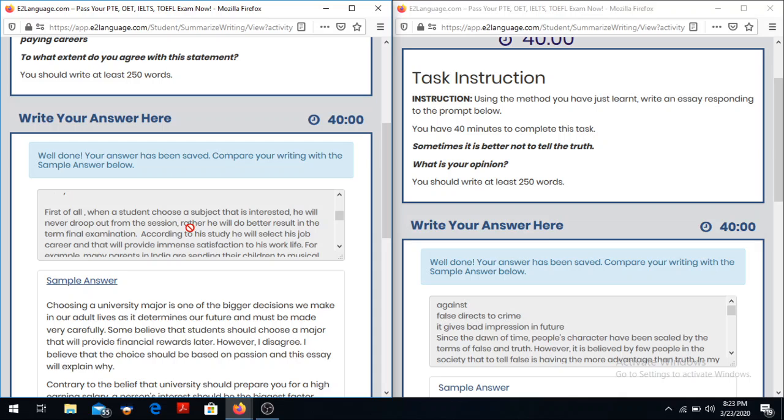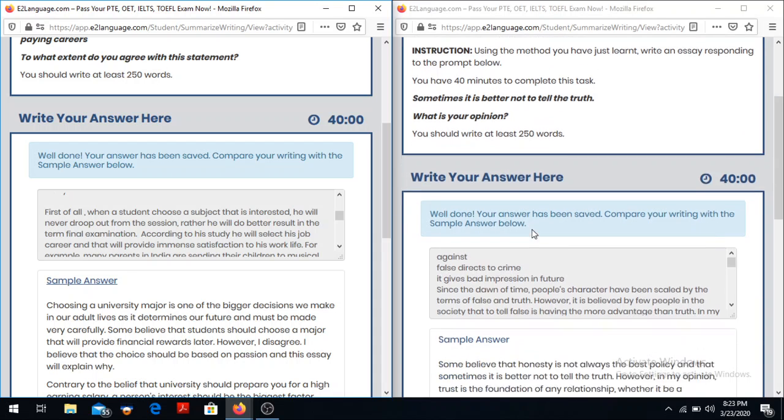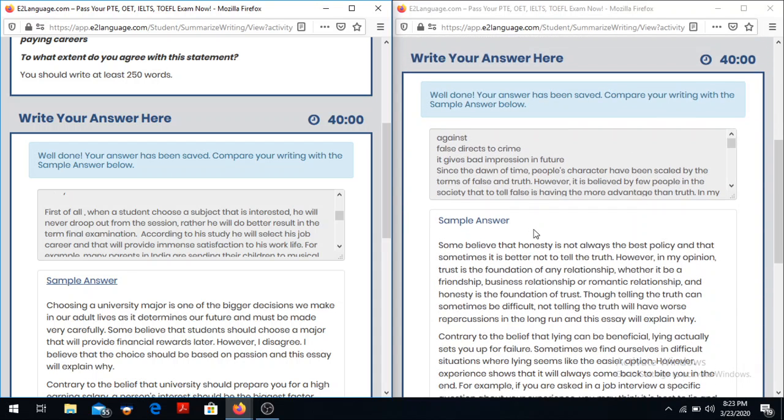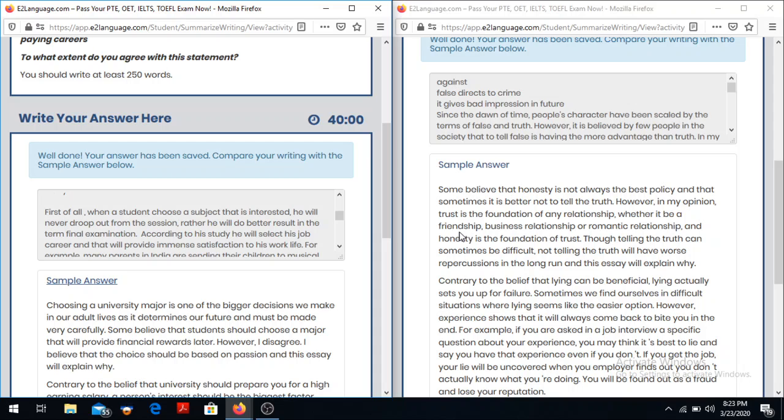We now come to the right side introduction. Here it says, sometimes it is better not to tell the truth. What is your opinion? Here they also started with a general statement: some believe that honesty is not always the best policy, and that sometimes it is better not to tell the truth.